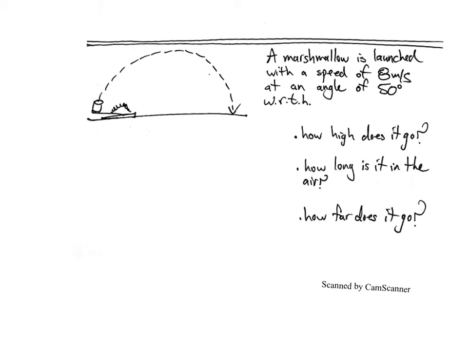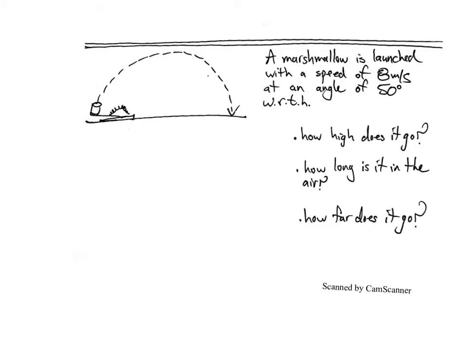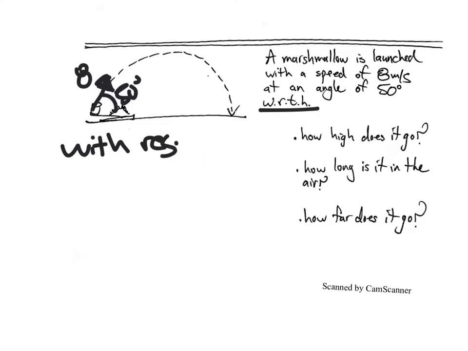And more complicatedly, we have a situation where we have a marshmallow launcher. This is a pretty fun lab, especially if you can catch them in your mouth. So the marshmallows launch with a speed of 8 meters per second at some angle, 30 degrees. That means with respect to horizontal.